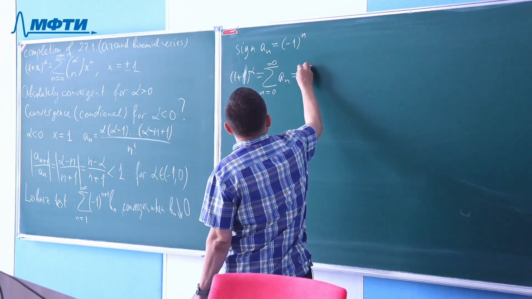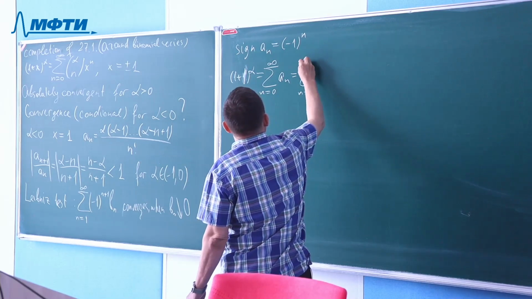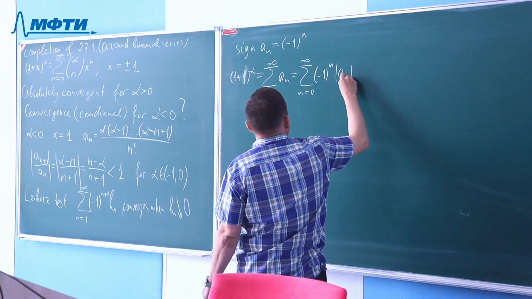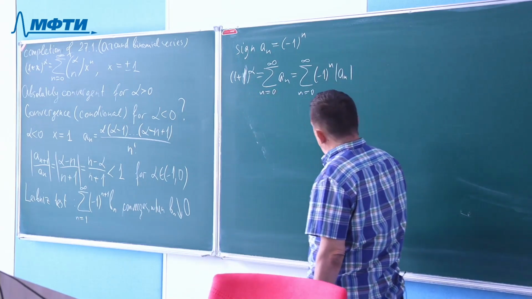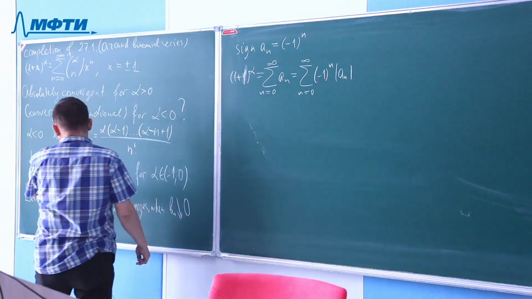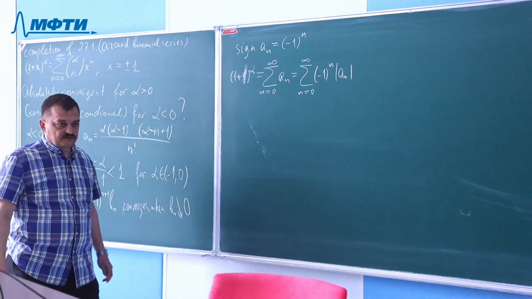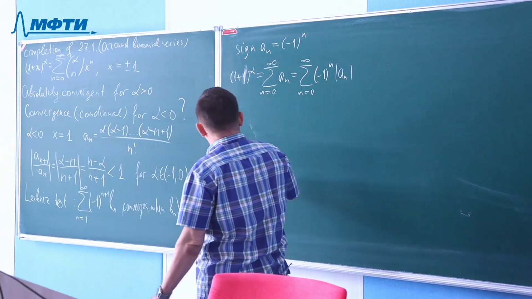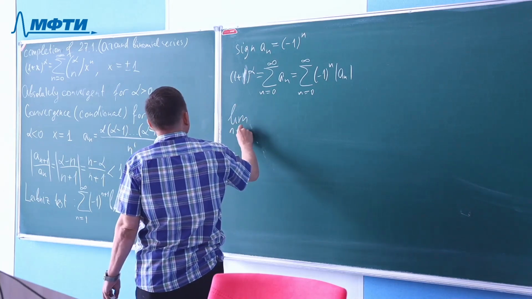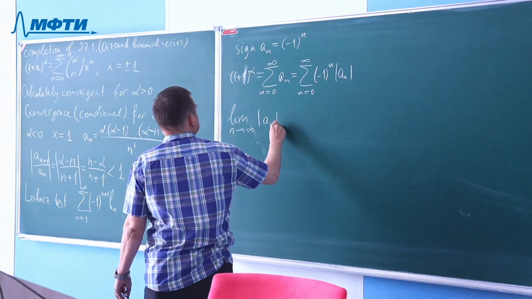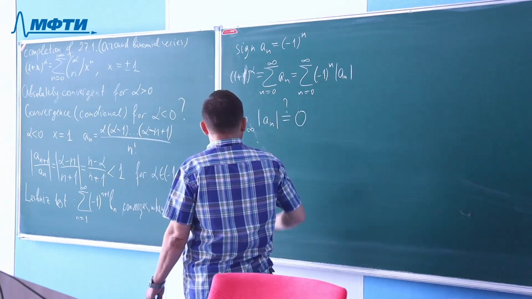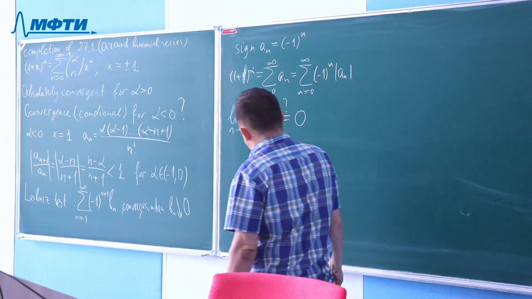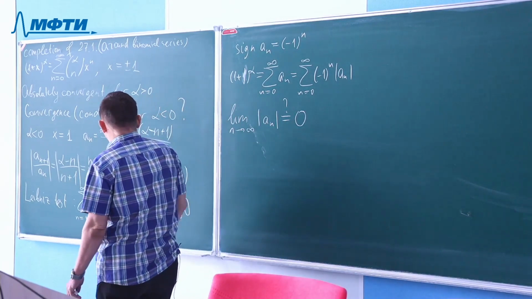So we can write it as -1 to the power n times modulus of An. And the sequence of modulus of An is decreasing. So the question is if the limit equals 0.